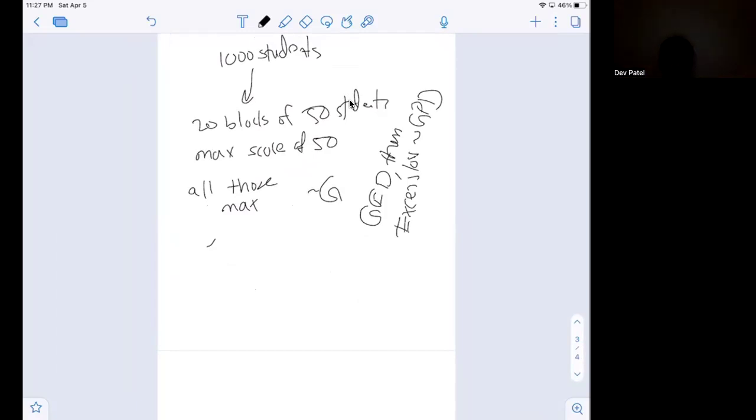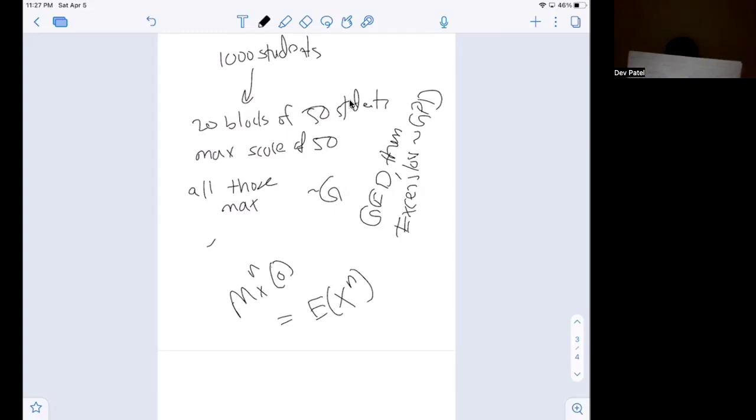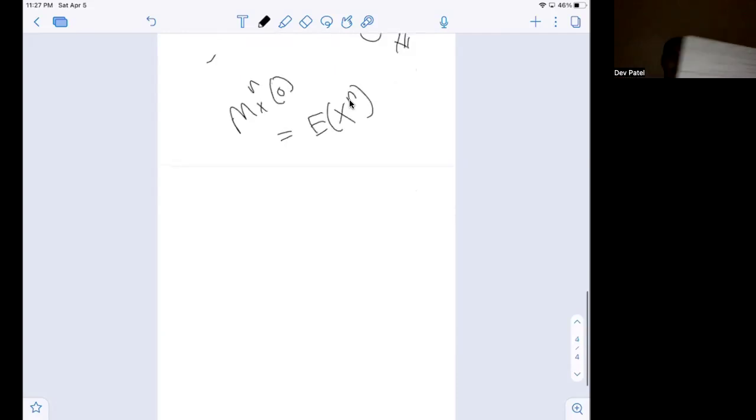Next, we look at probability generating functions and moment generating functions. So moment generating functions obviously determine moments. And the way that they determine moments is if you take the moment generating function, take the nth derivative of it, and evaluate it at 0, that is equal to the expected value of X to the n.